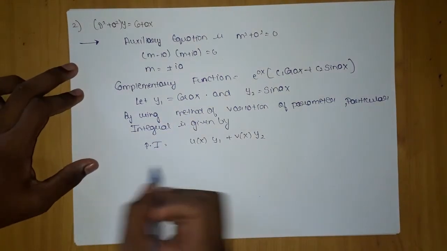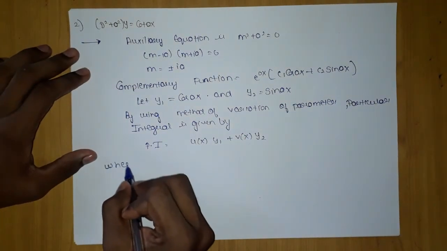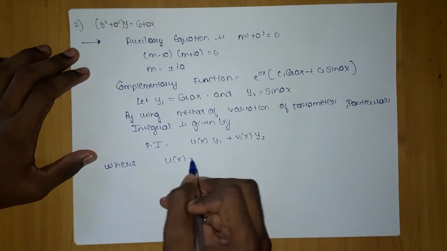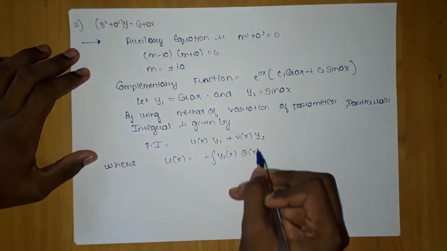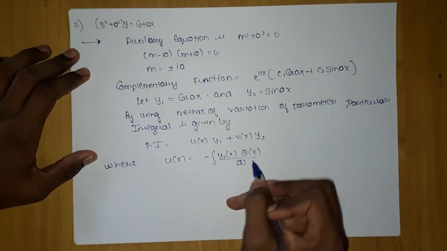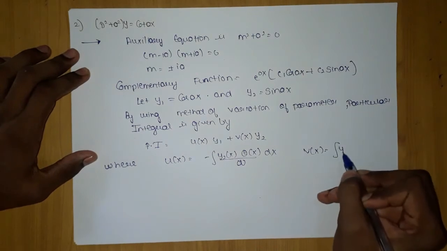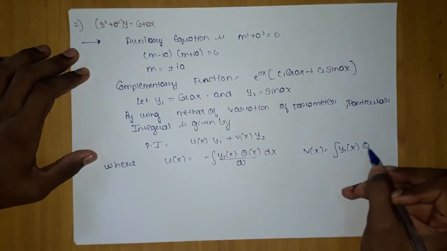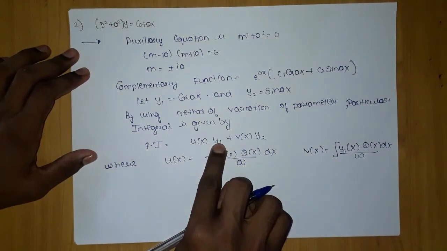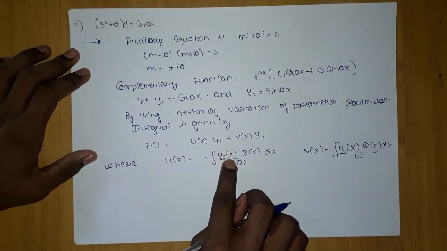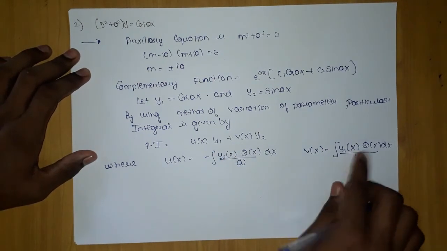After this we are trying to get u of x and v of x. Okay, so we are going to mention that u of x is nothing but minus integral y2(x) into Q of x by W into dx. Now one more thing which I want to make very clear, which most children make mistakes in: here we don't write y1 as x, but we have to mention that y2 is a function of x and y1 is a function of x.